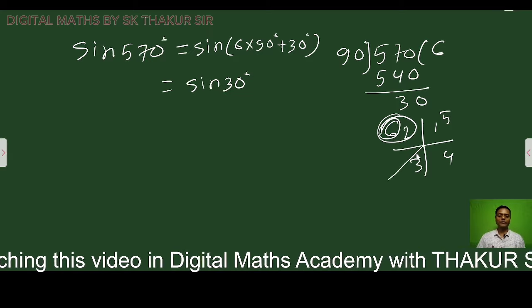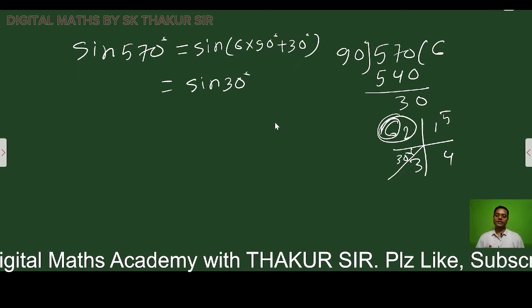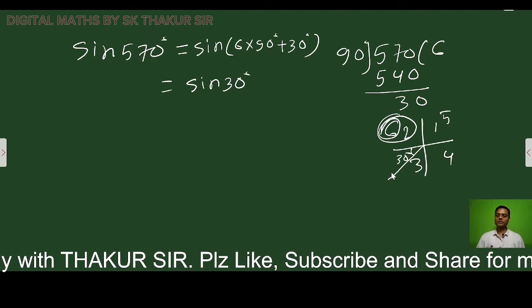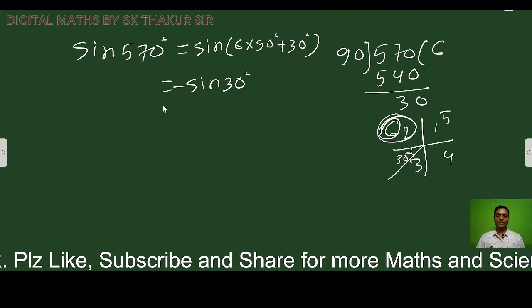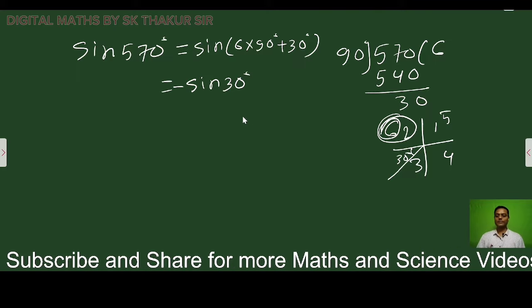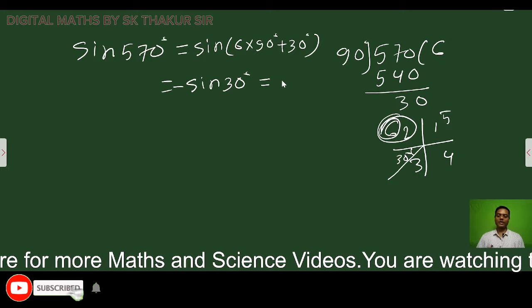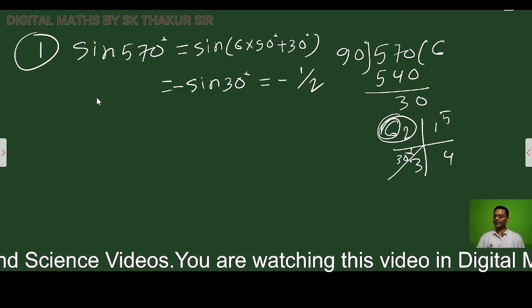So 30 will form in the third quadrant. So we can say sine 570 degree lies in third quadrant, and in third quadrant sine is negative. So here we will have negative value, that is sine 570 degree is minus sine 30, and finally you can write here minus 1/2.